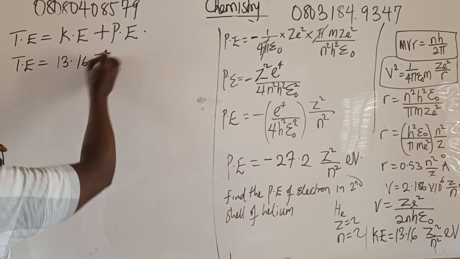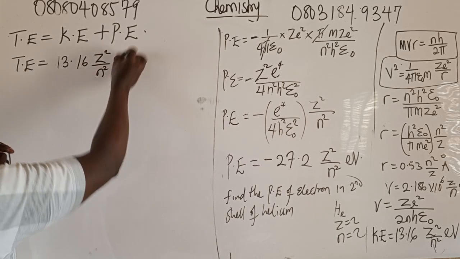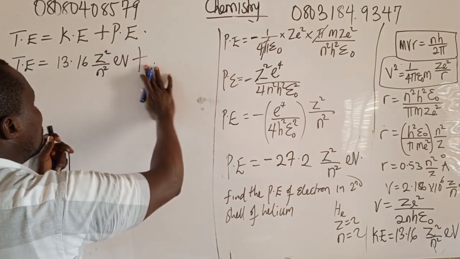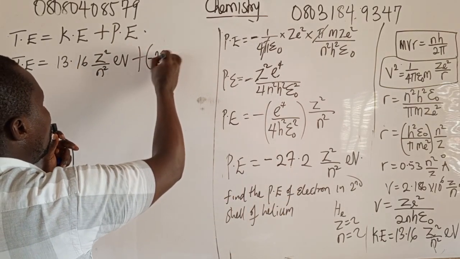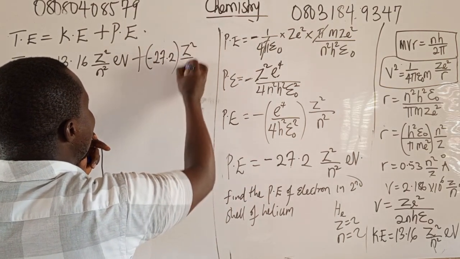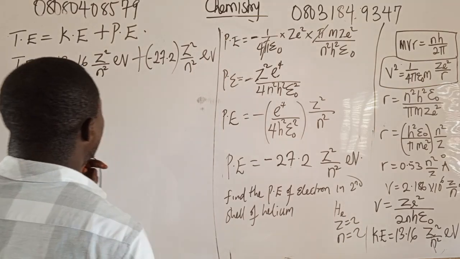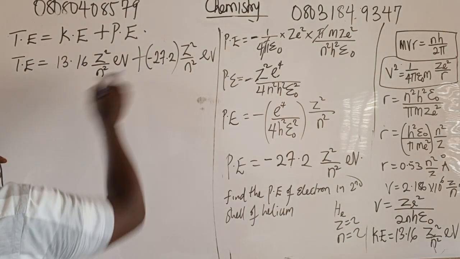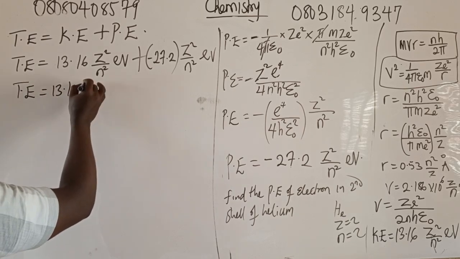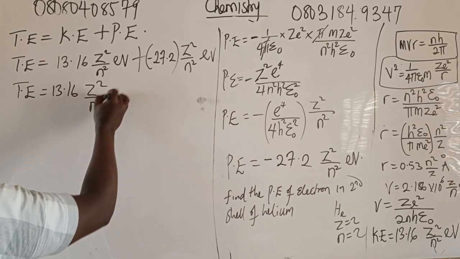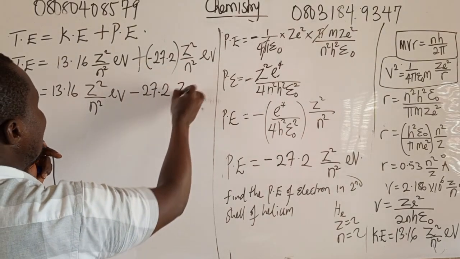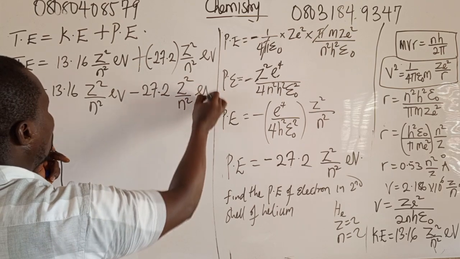13.6 Z squared over n squared electron volt, plus potential energy, which is minus, don't forget, minus 27.2 Z squared over n squared electron volt. Take note of that. From here, we have total energy equal to 13.6 Z squared over n squared electron volt, minus 27.2 Z squared over n squared electron volt.